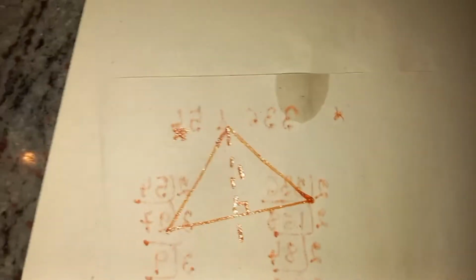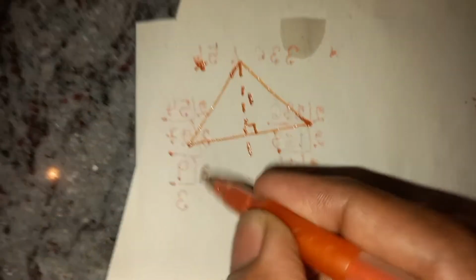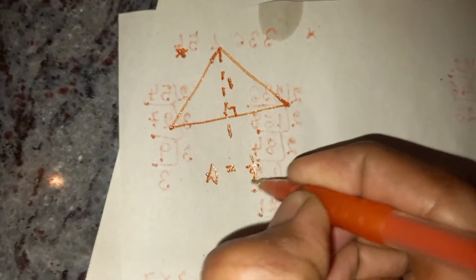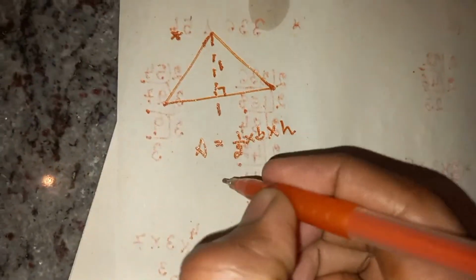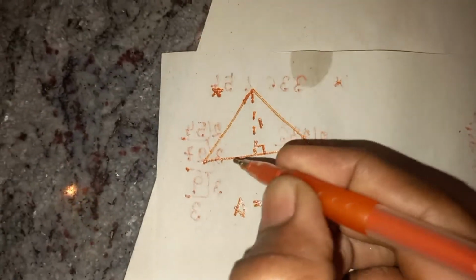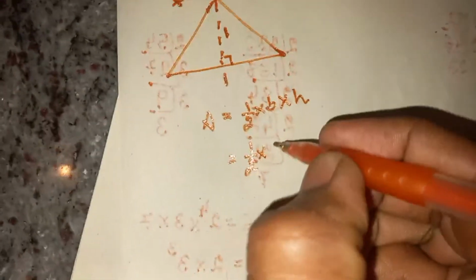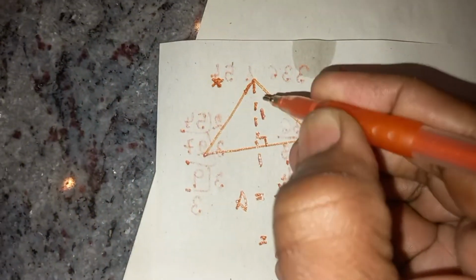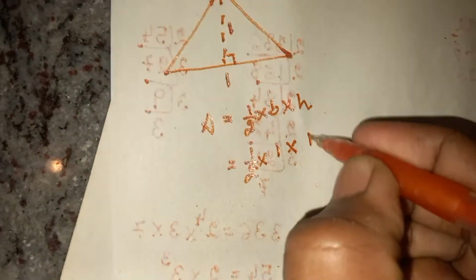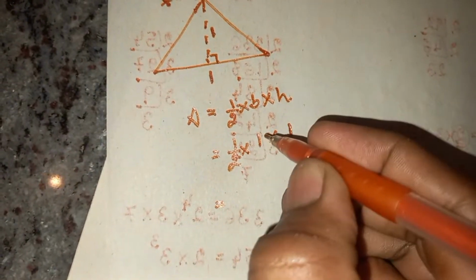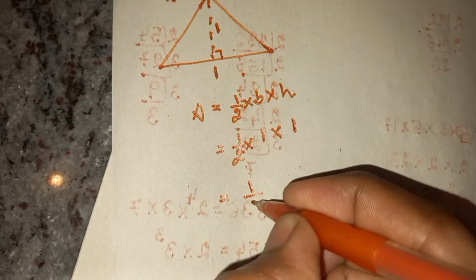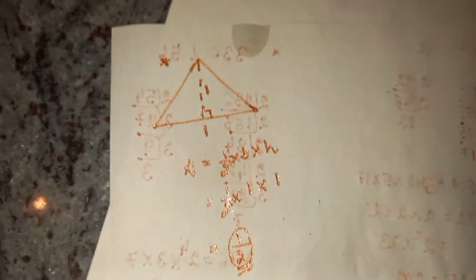The area is half times base, 1 unit, times perpendicular height, 1 unit. You cannot divide the denominator into the numerator, so it remains 1 times 1 is 1, and below it becomes 2. Half is the answer.